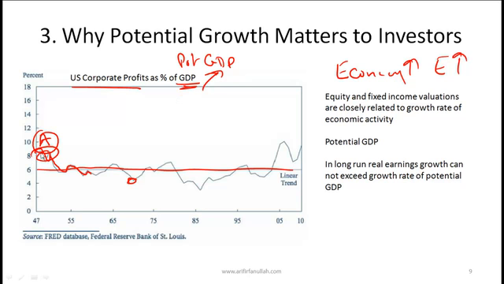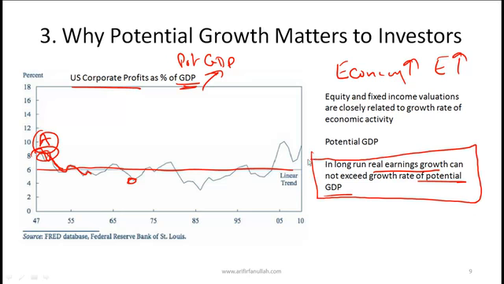If earnings are relatively high, that means people are working hard, but they are not getting paid for their extra work because income is relatively low. If they are not getting paid, eventually they'll slack off and the ratio will come down. Now, that's a very quick high-level explanation, but the key point is that in the long run, real earning growth cannot exceed the growth rate of potential GDP. So that's the key point to remember.